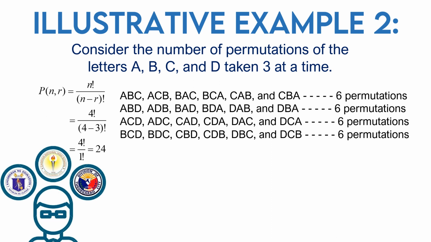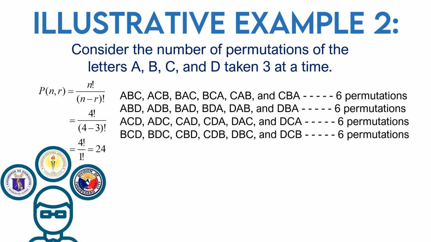We also have the first letter, the third letter, and the fourth letter. So we have ACD, ADC, CAD, CDA, DAC, and DCA. That gives us a total of 6 permutations as well. Then we have the second, the third, and the fourth letters: BCD, BDC, CBD, CDB, DBC, and DCB.